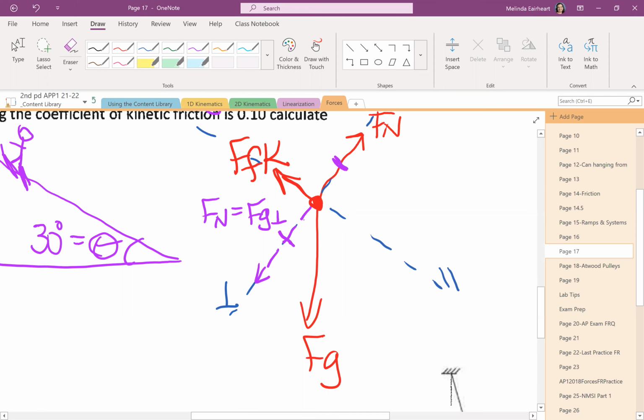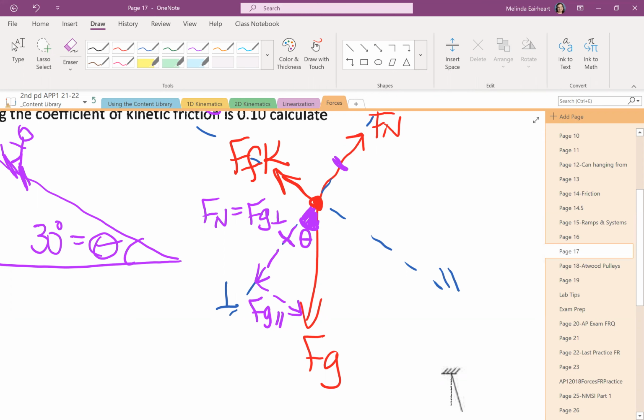And so between FG perpendicular and FG, I find that 30-degree angle. And then to finish the triangle, I like to make FG a right triangle. Make sure FG parallel is actually parallel to the parallel axis. And your final check is what?